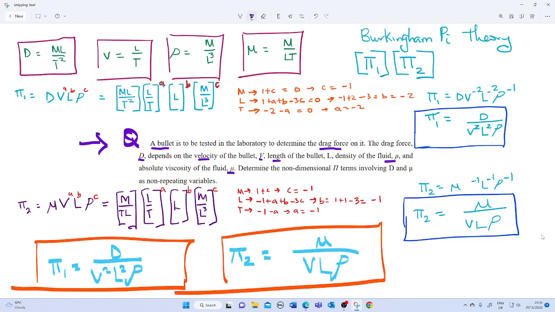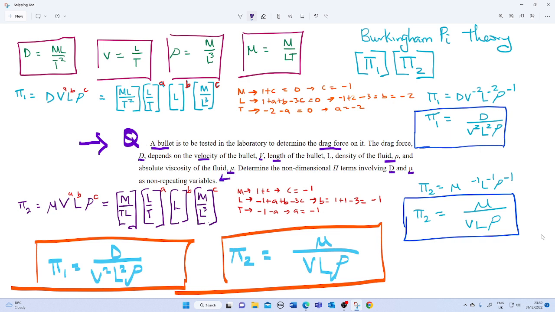Now calculate the non-dimensional pi terms by using Buckingham Pi theory, involving D, that is the drag, and mu, which is the viscosity, as non-repeating variables.